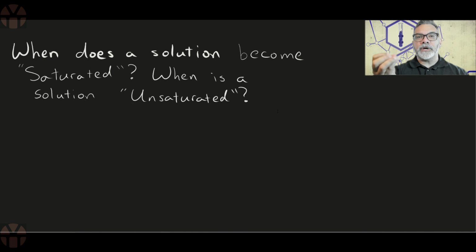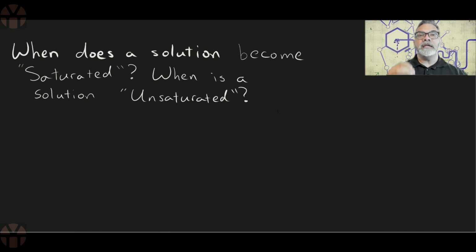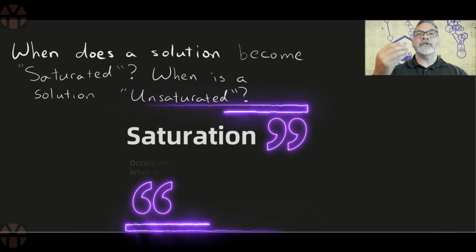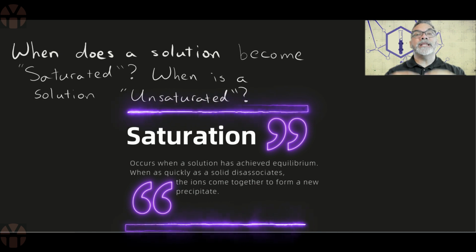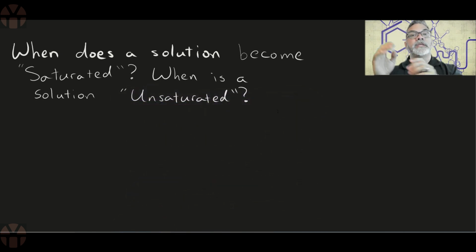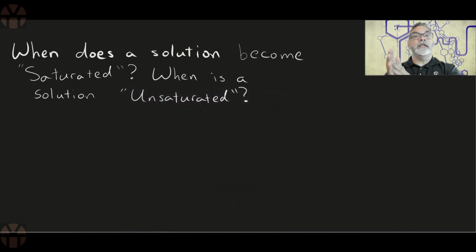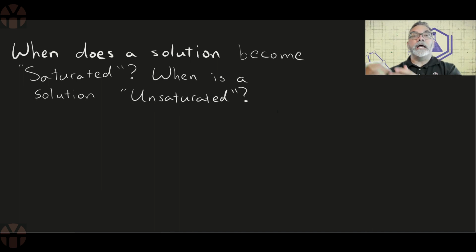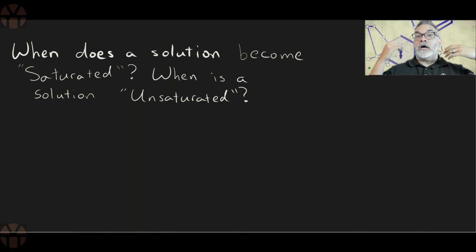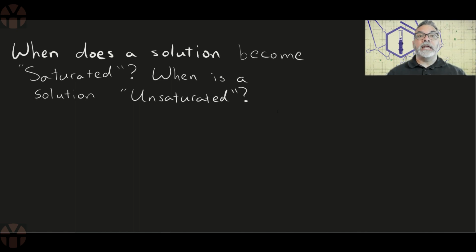A saturated solution is any solution that has achieved equilibrium. That's it. It contains enough ions floating around in the solution that we cannot add any more ions, because the solution can't hold any more of those particular ions.